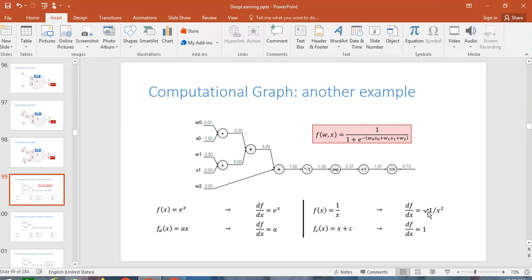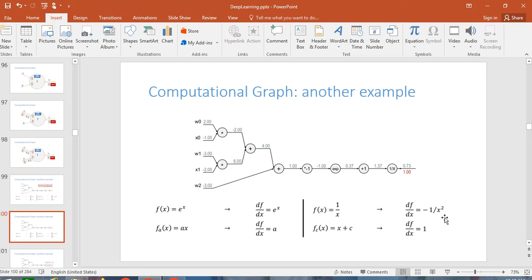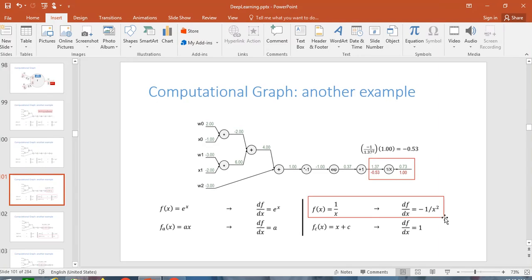Now I have the gradient with respect to the output of this node. Here this minus 1 divided by x squared is the local gradient. This is the gradient I got so far. I will multiply these two together and it will be the gradient compared to this. Now I have the gradient with respect to the output again. I calculate the gradient with respect to the input.